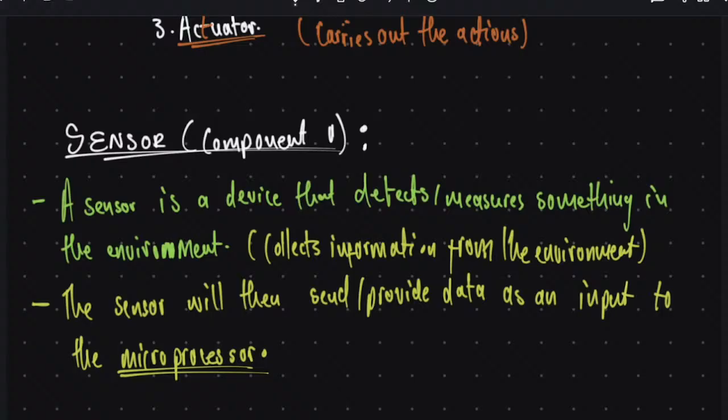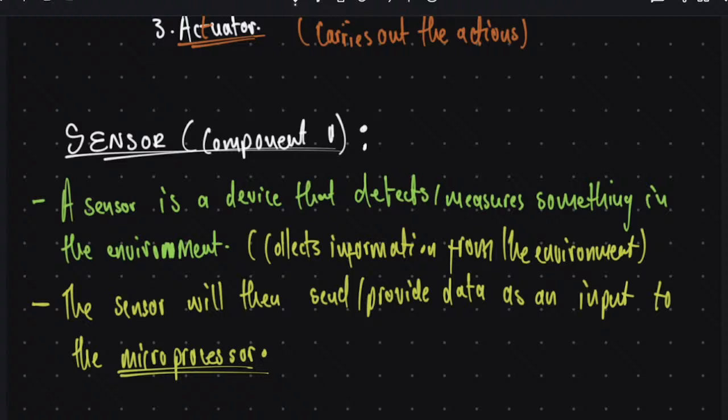Because the microprocessor can't know. It's waiting for the sensor to tell it. So we need a sensor on any automated system to say, hey, it's hot out here. Those alarms that are supposed to go off when there's a fire need a sensor.